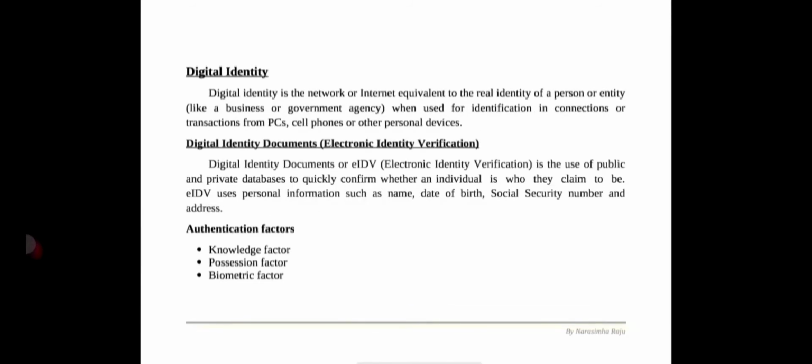And the next topic is digital identity. Digital identity is the network or internet equivalent to the real identity of a person or entity, like a business or a government agency, when used for identification in connections or transactions from personal computers, cell phones, or other personal devices.